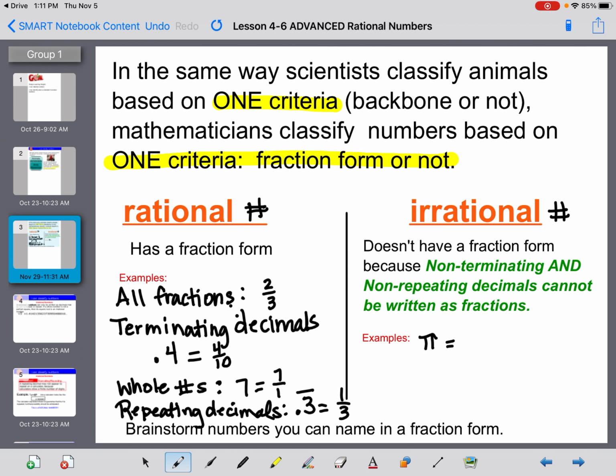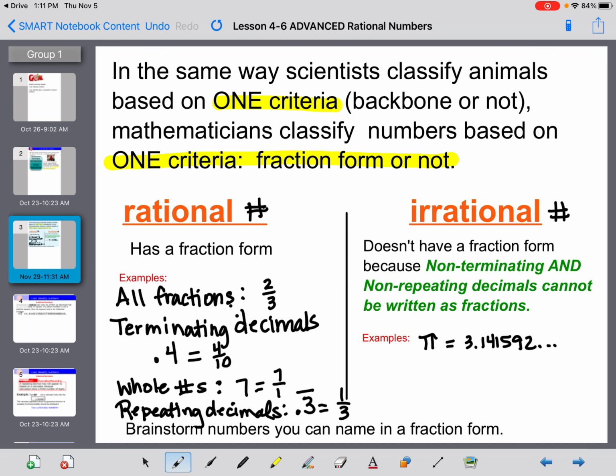Pi is written as 3.141592, and it goes on forever and ever and ever, and it does not repeat. It's an irrational number. Another way to make an irrational number is the square root of a non-perfect square.